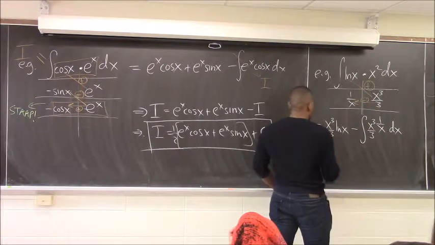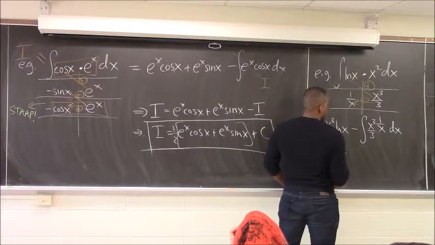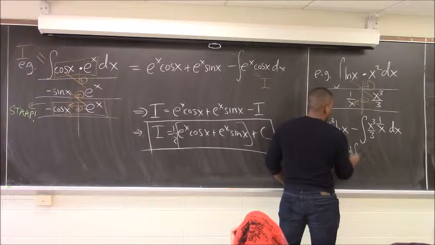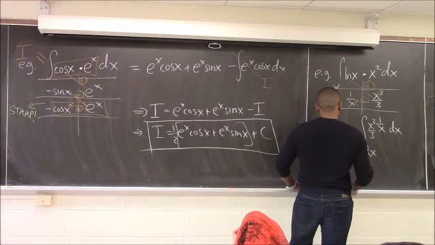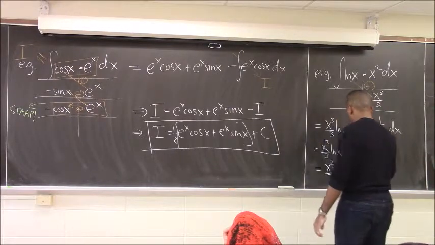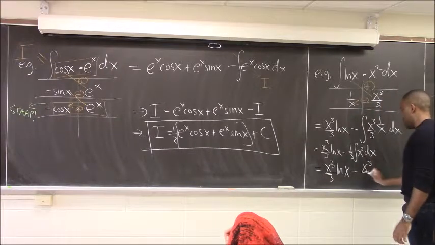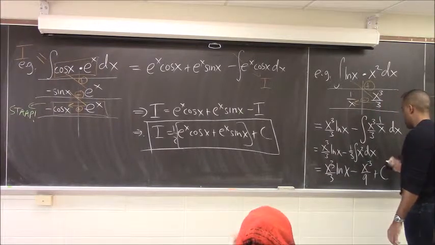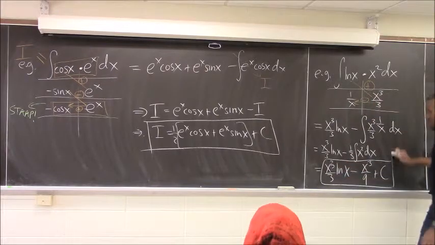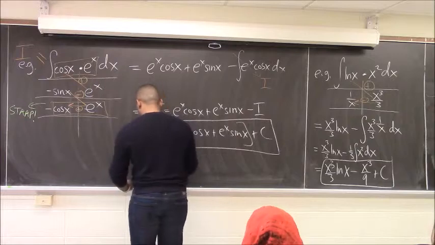So that just becomes x cubed over 3 ln x minus 1/3 x squared dx, which now just becomes x cubed over 3 ln x minus x cubed over 9. And that's the same answer we got last time.